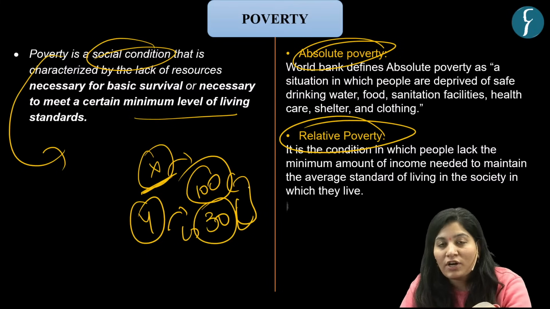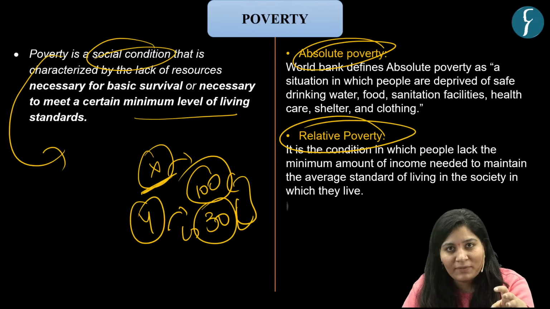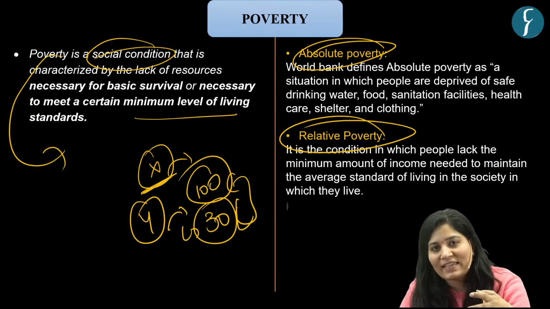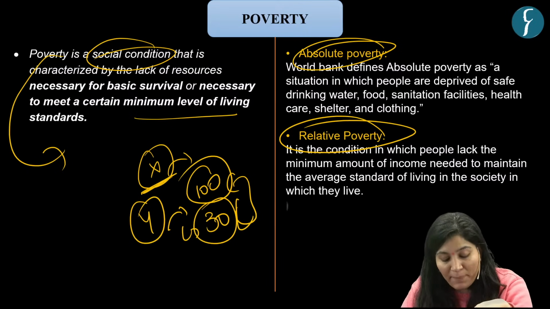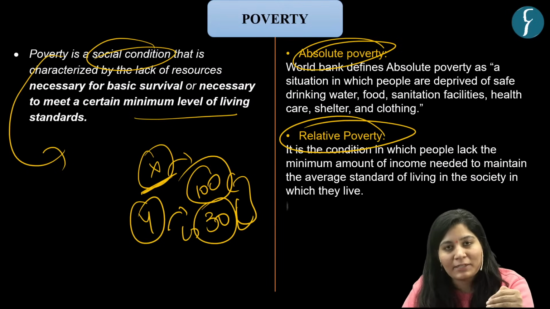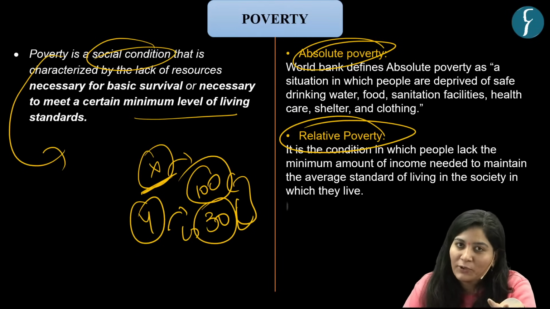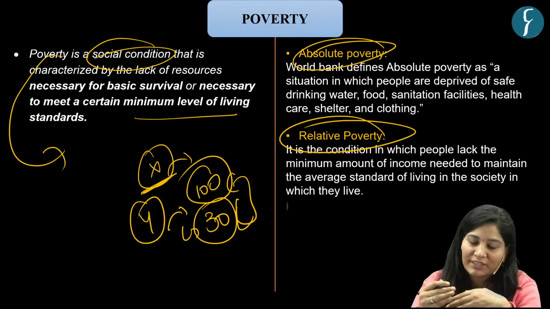So this guy is not facing an extreme challenge like X guy. But if you compare with that median or average income, this guy is impoverished. Okay, that is relative poverty.